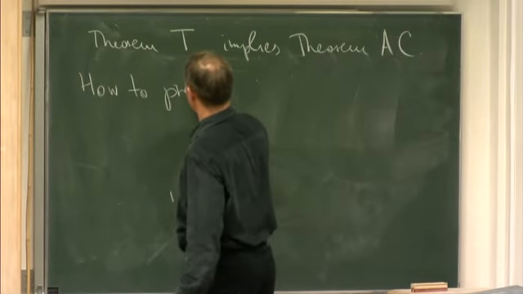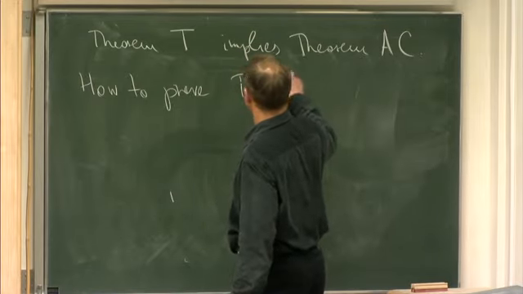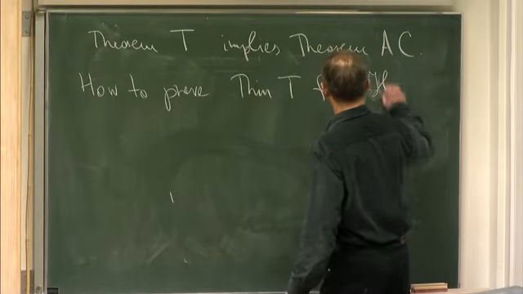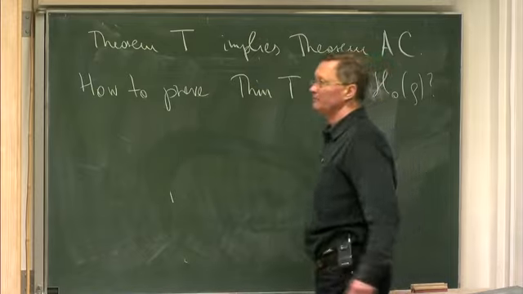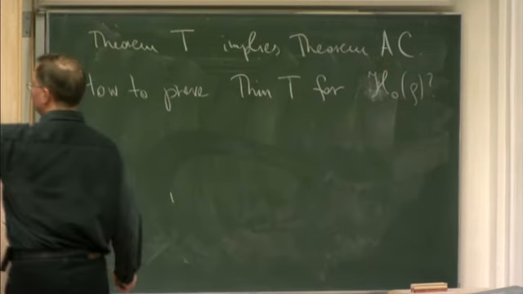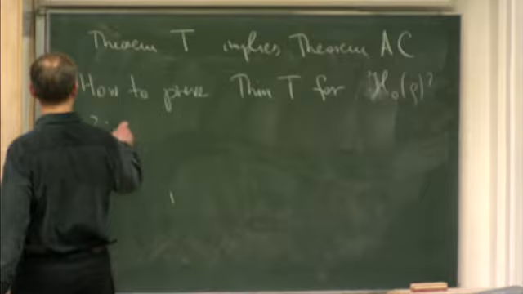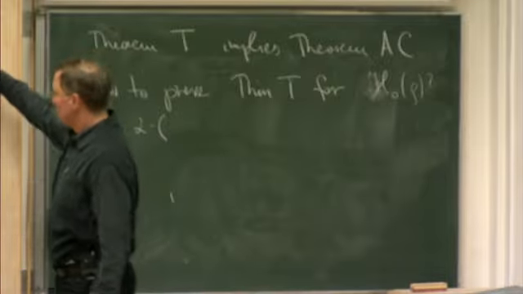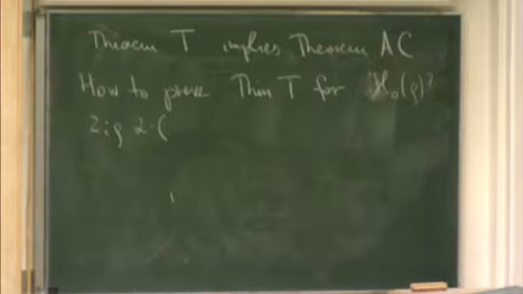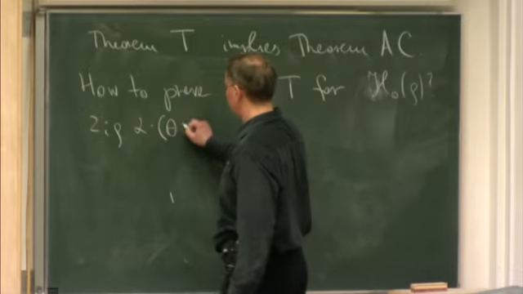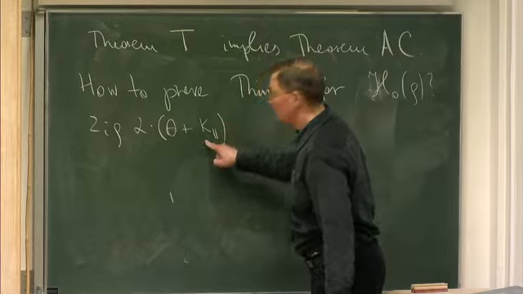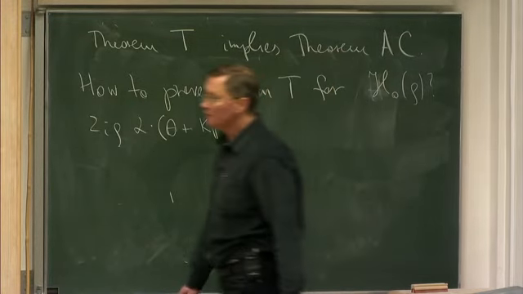So how to prove theorem T for H naught rho. I'm looking at the imaginary part here, so this will be 2i rho alpha times xi. You remember xi is lattice point plus k. And because we're multiplying by alpha, I can leave only the parallel bit. You remember what alpha is?